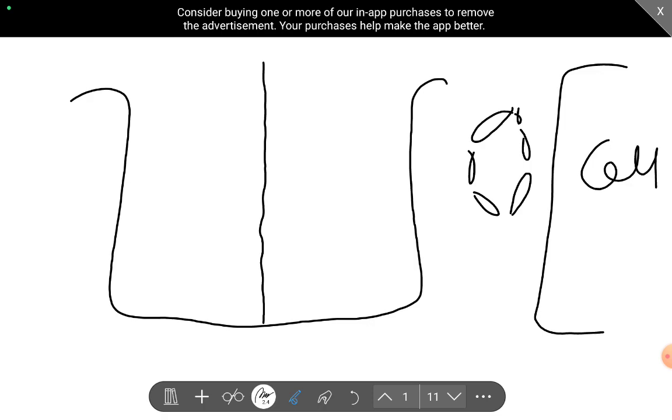So in between the cell and the capillary, there is the interstitial space. Communication exists. Fluid exchange exists between the intracellular compartment and the extracellular compartment.